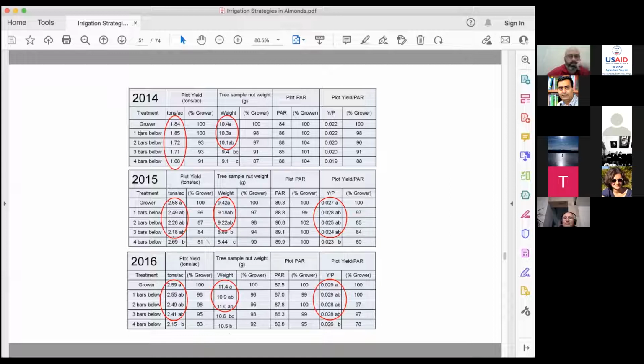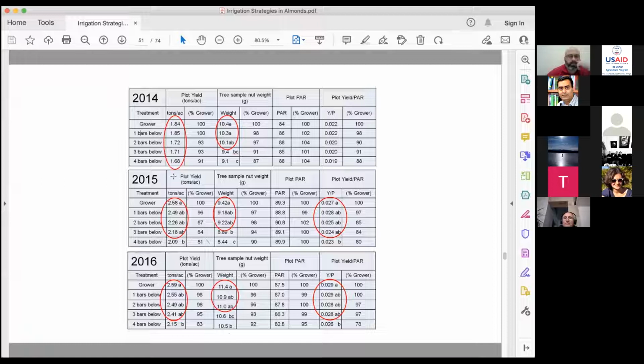In 2015, the second year of continuously applying less water, you started seeing a significant reduction in the yield in the lowest irrigation. But even if you go up to 3 bars below, your differences were not statistically significant.